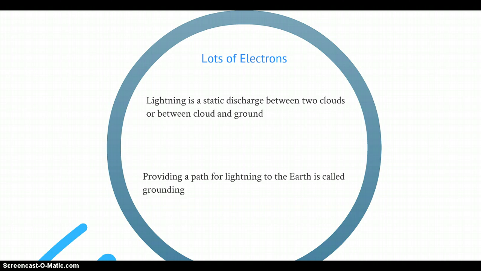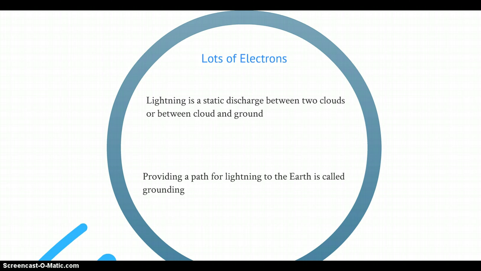What happens is you have extra electrons in the ground because there is a cloud overhead that has extra protons. And so you have an attraction between the ground and the cloud that has extra protons, and the way that cloud would have extra protons is when it bumps in, it loses some of those electrons to another cloud. That would allow the electrons from the ground to travel up to the cloud. And that happens a lot.